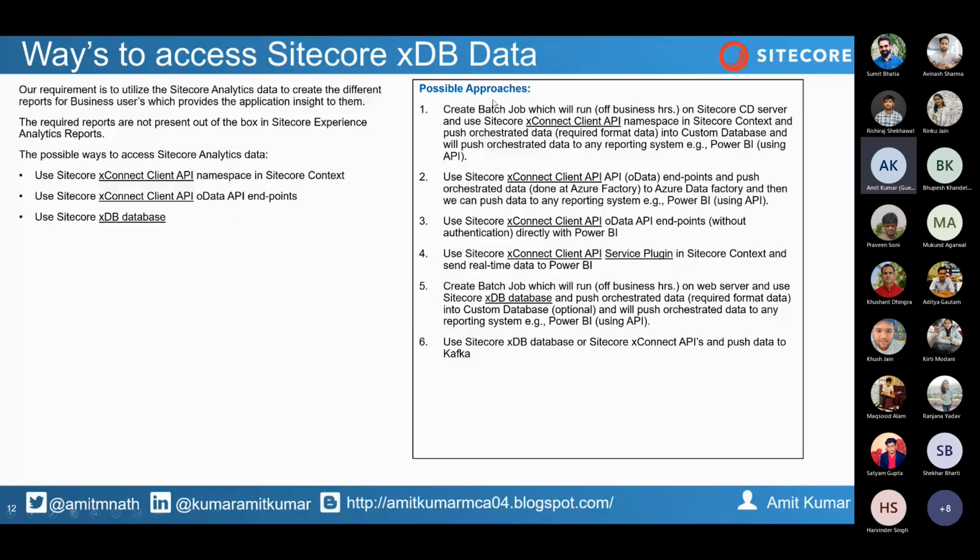And from my understanding, I have identified six approaches which can be utilized to get the data out of the XDB. One is that you can create a batch job, run during off business hours, utilizing your xConnect client API to fetch the data from your XDB, like getting all the Sitecore contacts and all the data related to interactions and facets, and push that data to any third party or external database in a format which can be easily understood and utilized.